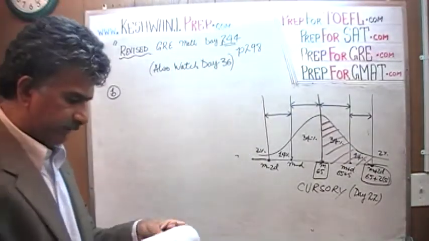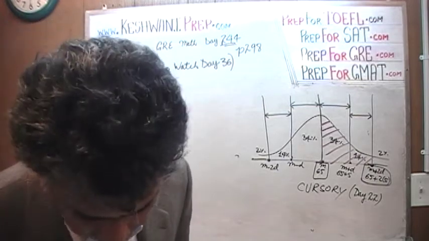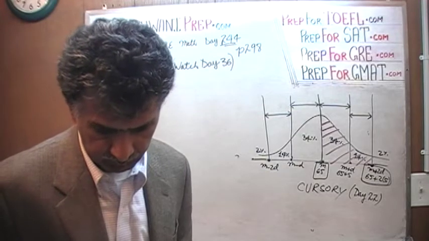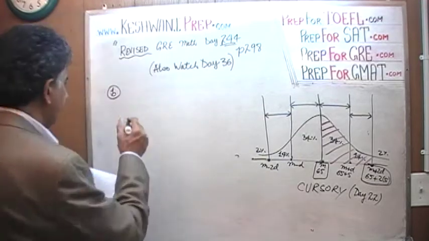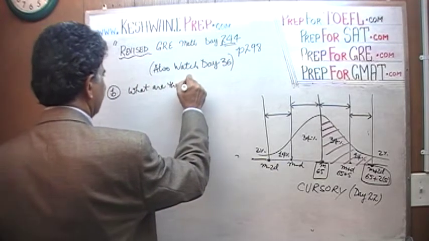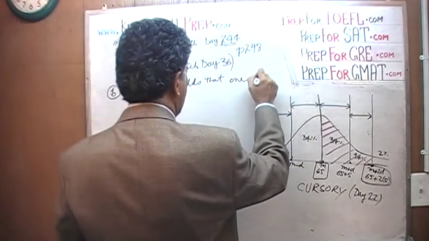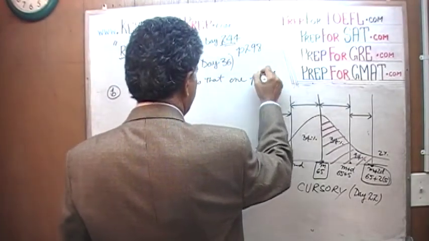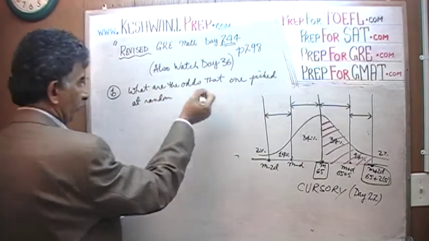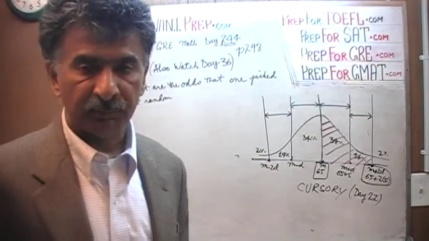Part B says, if an adult penguin is chosen at random from the population, approximately what's the probability the penguin will be... Okay, what are the odds that one picked at random, whatever it is here, whether we're dealing with a bunch of penguins, a bunch of rats, a bunch of people, it doesn't matter.